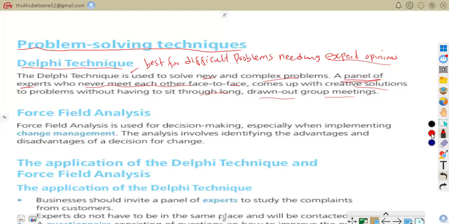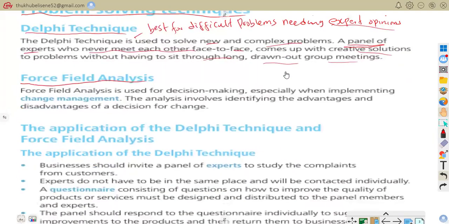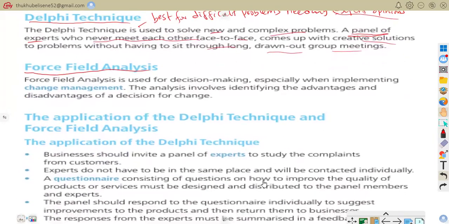Let us now go to force field analysis. Force field analysis is used for decision making, especially when implementing change management.